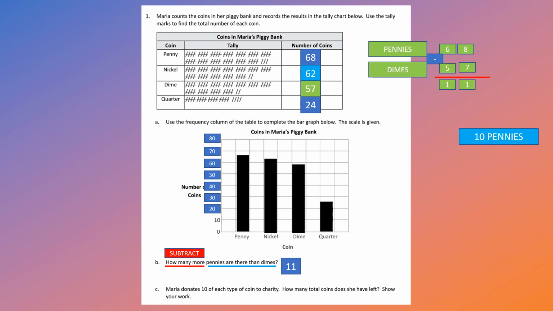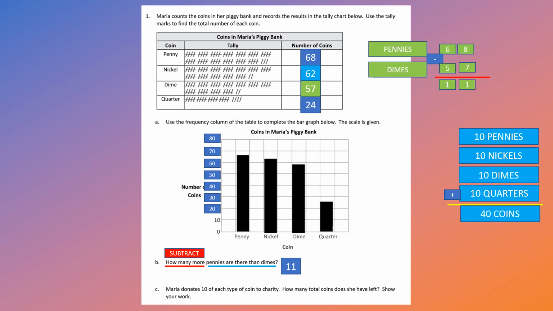That means that she's donating 10 pennies, 10 nickels, 10 dimes, and 10 quarters to charity. And if I count by tens, that means that she's donating 10, 20, 30, 40. She's donating 40 coins to charity.